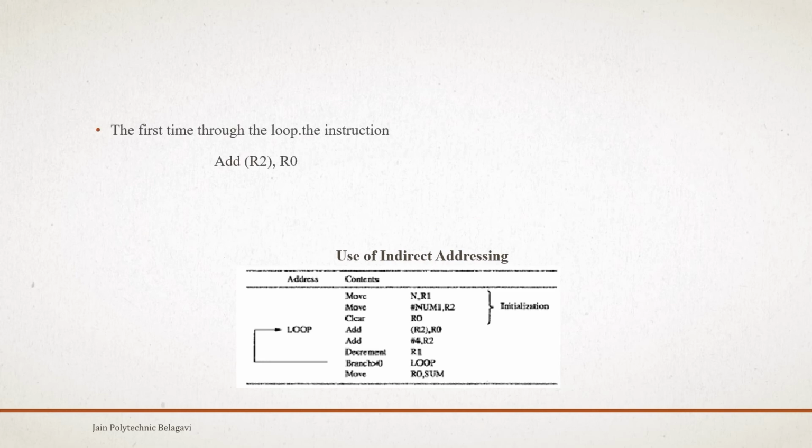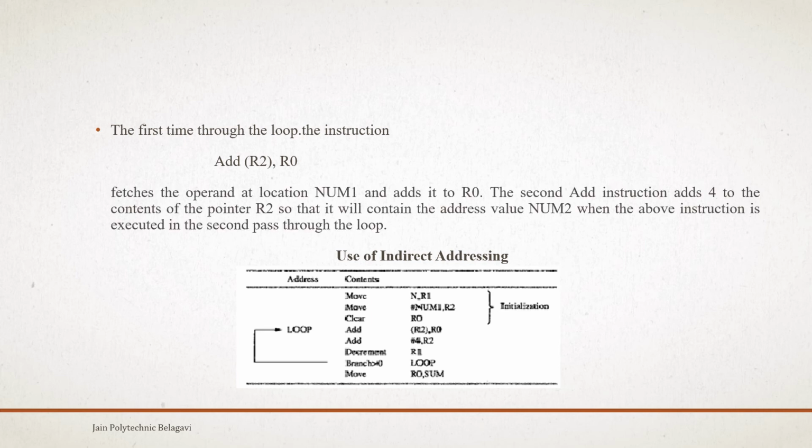Now let us see how the program works. The first time through the loop, the instruction is add in brackets R2 comma R0. What it does is it fetches the operand at location num1 and adds it to R0. If we say add in brackets R2 comma R0, first it finds the contents that are present in the register R2. Now R2 contains the address of the first number.